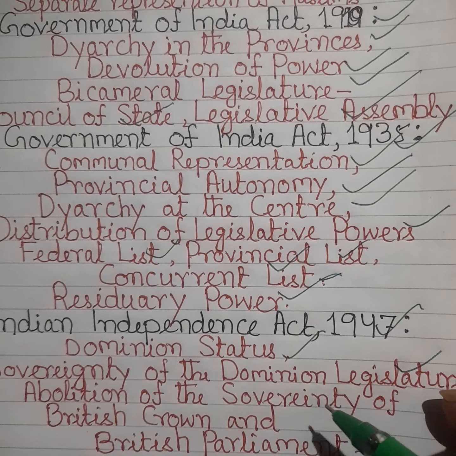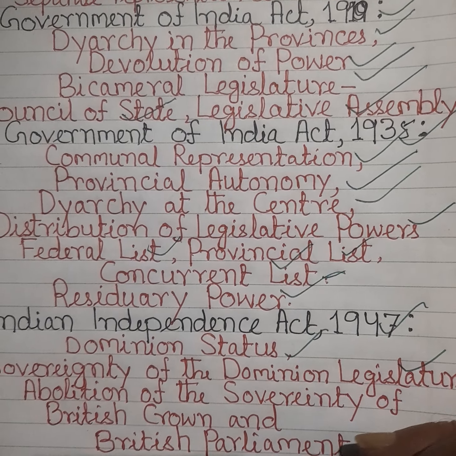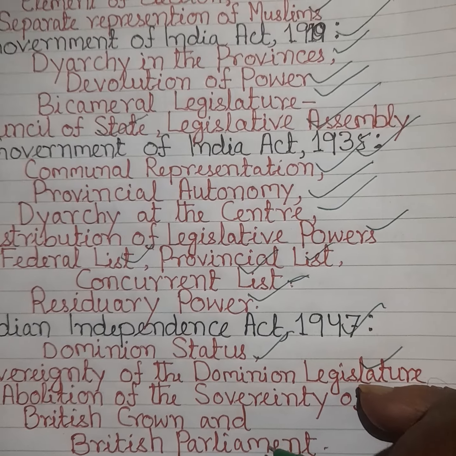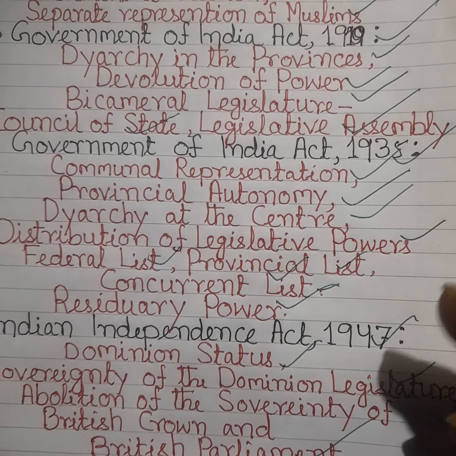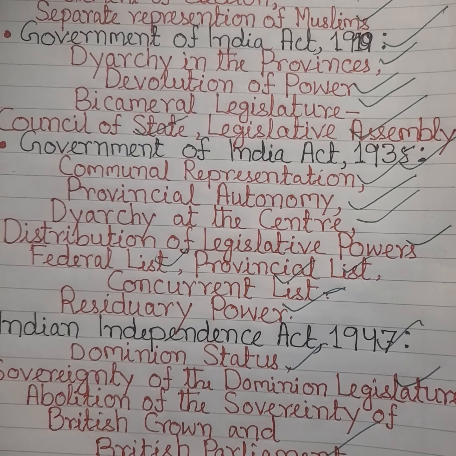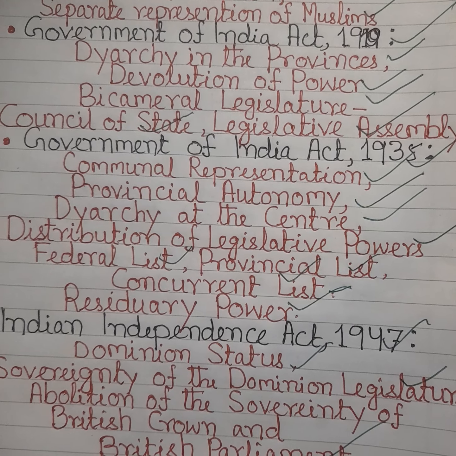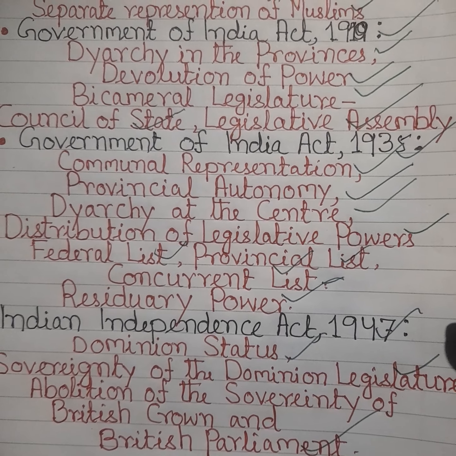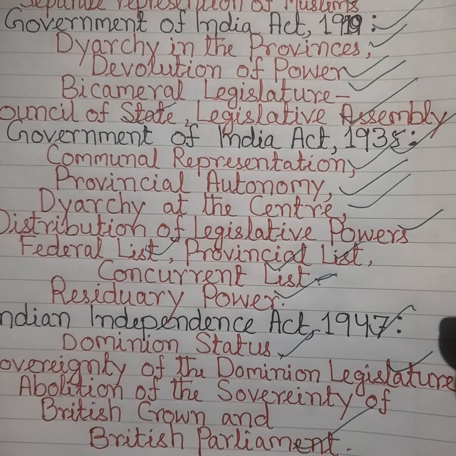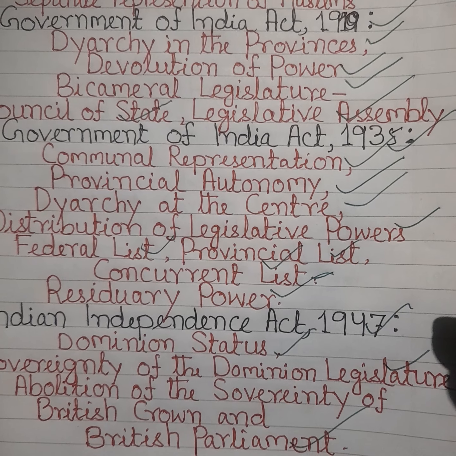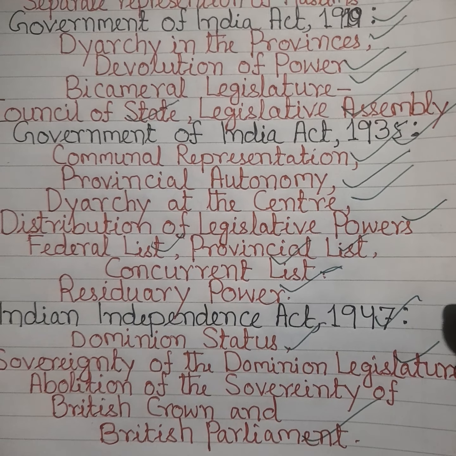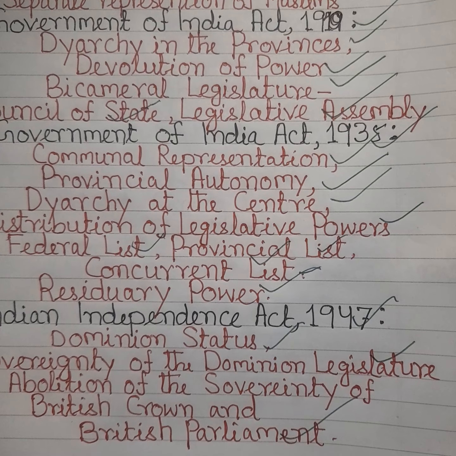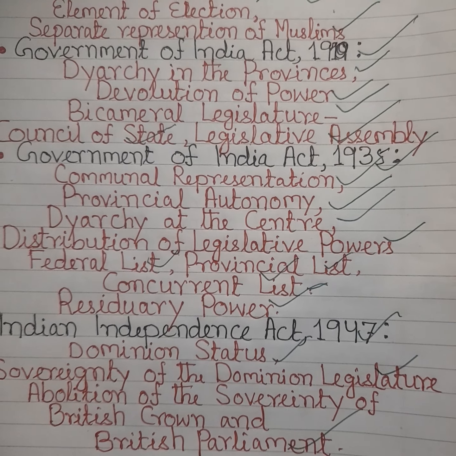So also the sovereignty of the British crown and British parliament was abolished. So the dominion status which had been denied to India by the Government of India Act 1935, was finally conceded by the Indian Independence Act 1947.